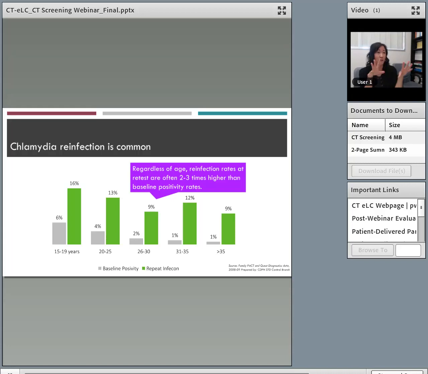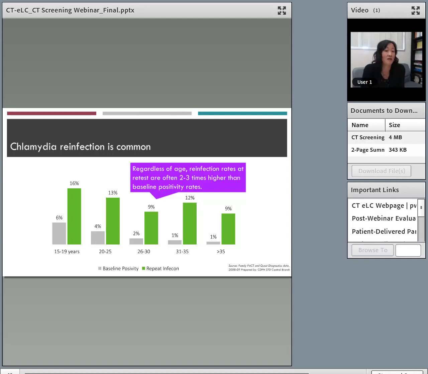This next slide on the webinar screen highlights a couple of pieces of information about repeat infections. Repeat infection is common, and folks who've had repeated infections are more likely to get repeated infections in the future. So if we take clinics, these are family planning clinics in the state of California, and look at the baseline positivity by age in the clinic, you can see it goes from 6 to 1% depending on age.